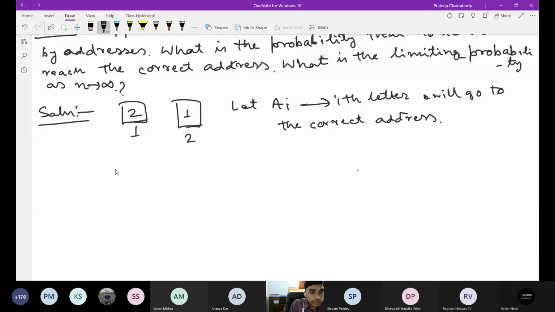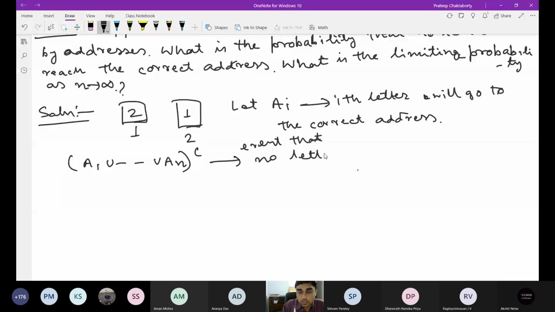So if we take the union of A1 to An, now take the complement of this. This is the event that no letter will reach the correct address. Is it okay?